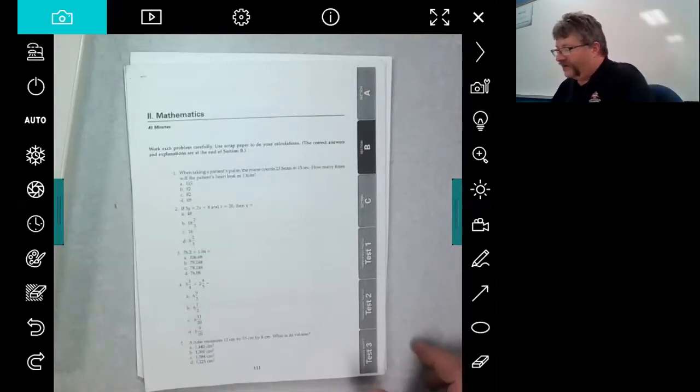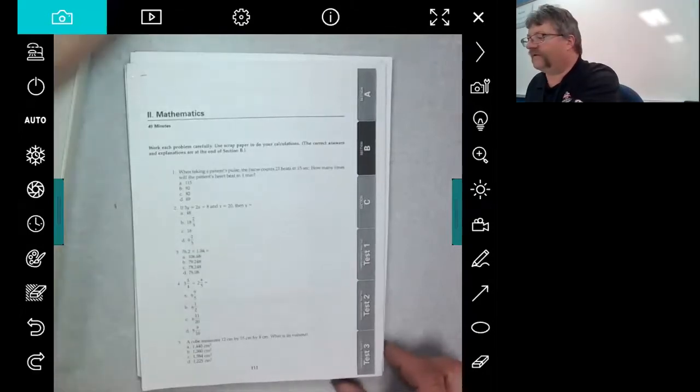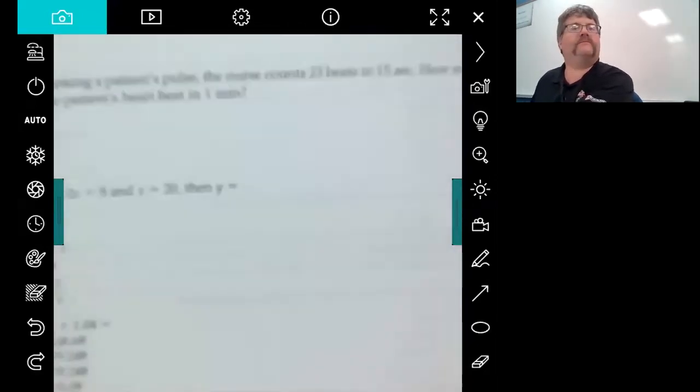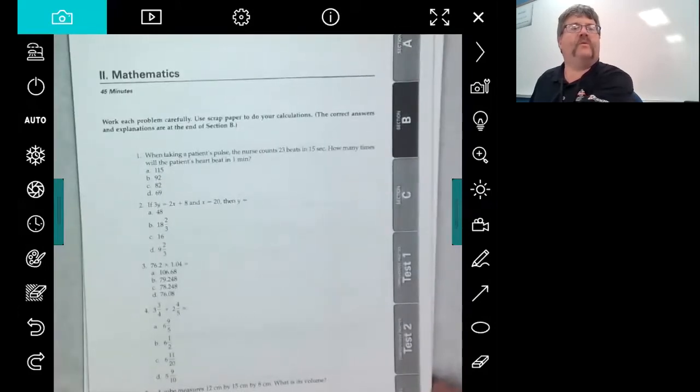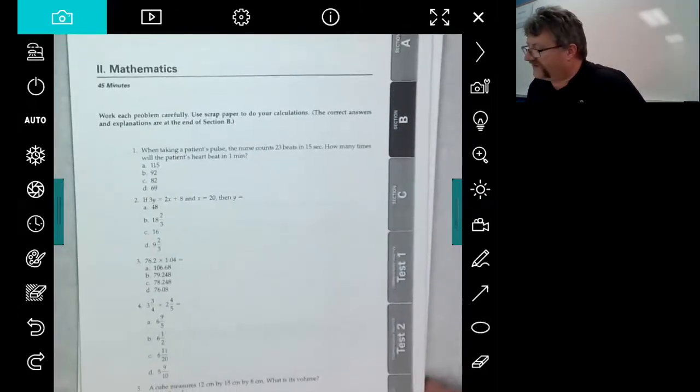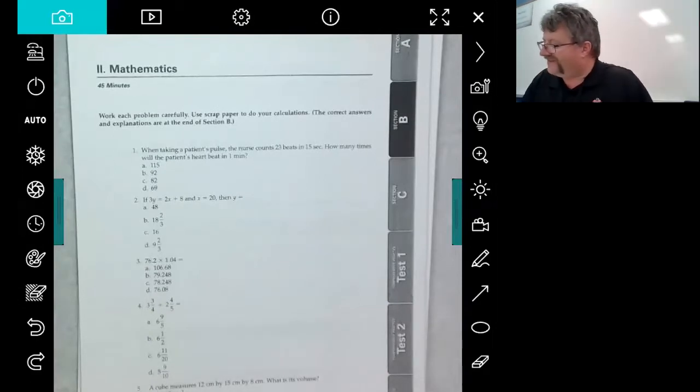Okay, number 1 says, when taking a patient's pulse, or maybe I could zoom in a little better. Ooh, too far. That's a little better. When taking a patient's pulse, the nurse counts 23 beats in 15 seconds. How many times will the patient's heart beat in 1 minute?